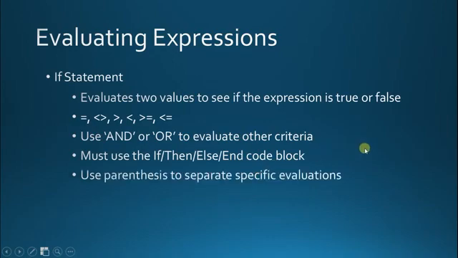Now, just like in algebra or pre-algebra, you can use parentheses to separate specific evaluations. And I don't know if you remember this, but you use those parentheses for things like, let's say, 2 plus 2 divided by 6. Depending upon which two of those numbers you put parentheses around, you'll get a completely different result.